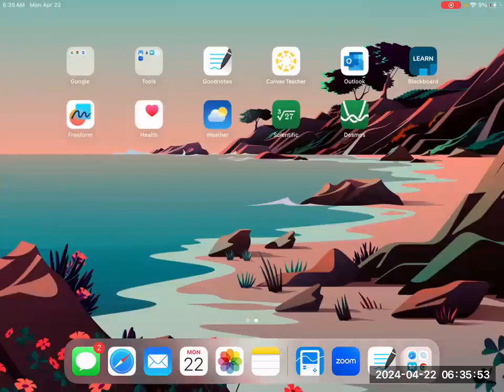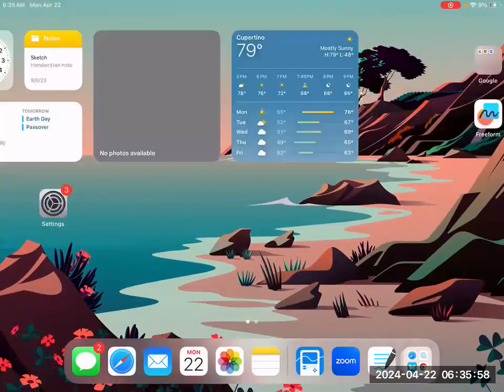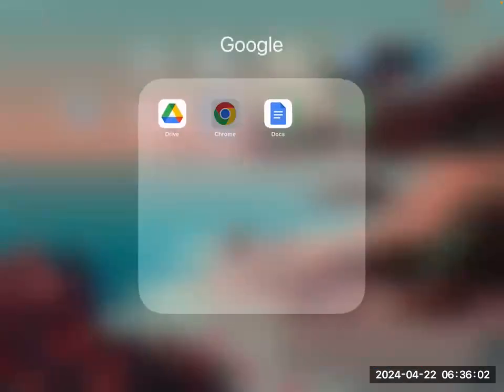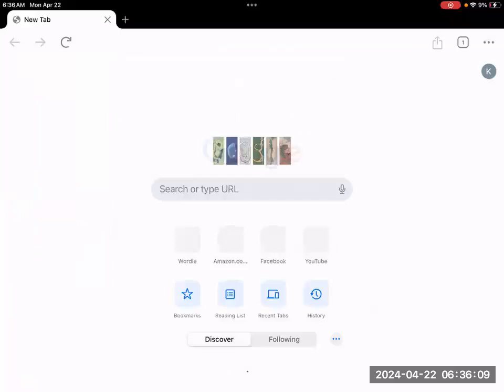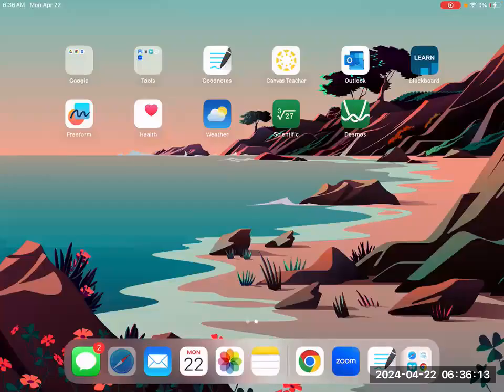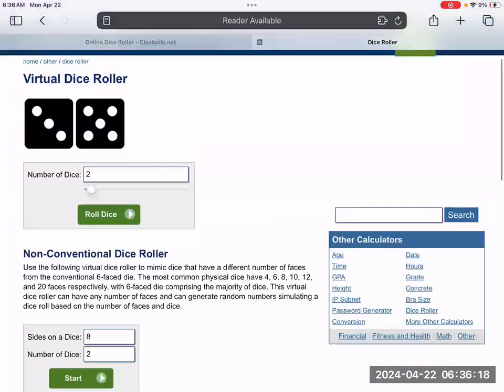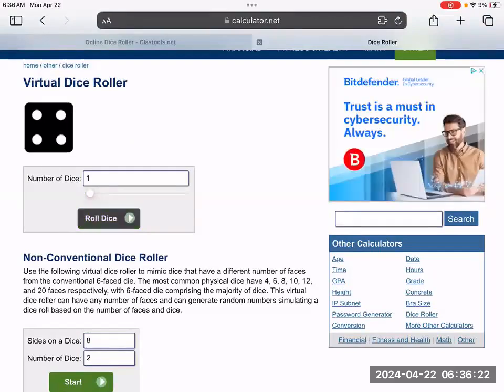So we're going to go over to the Safari button, right there. All right, so we have 2 dice here. I only need 1, so I'm going to put that down to 1, and you're just going to roll this 10 times.